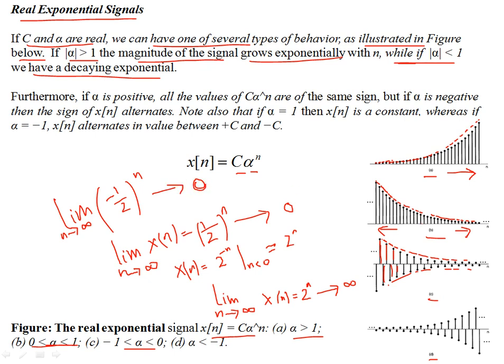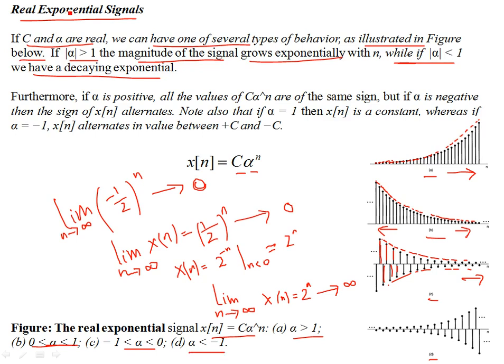The amplitude of the samples is decaying. So it's again a decaying exponential, but the successive samples are alternating their signs.